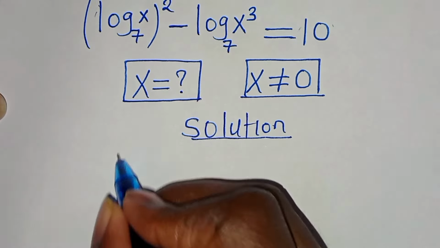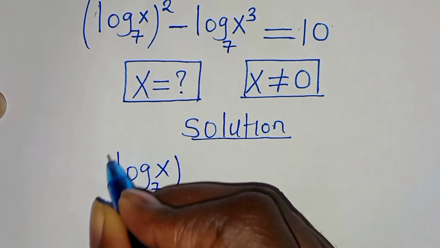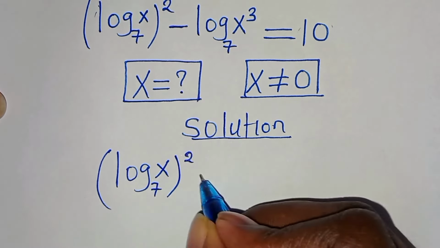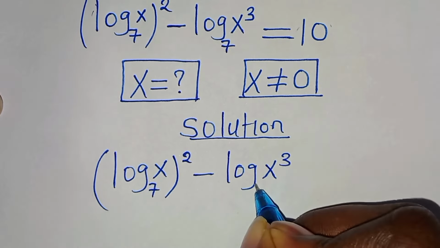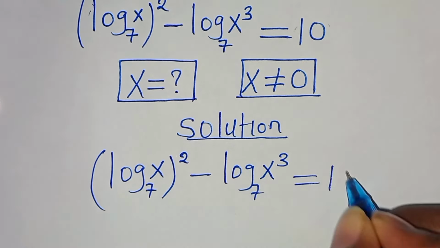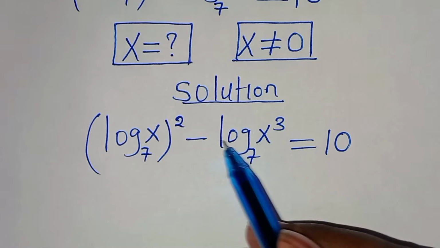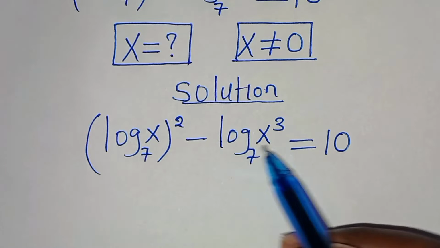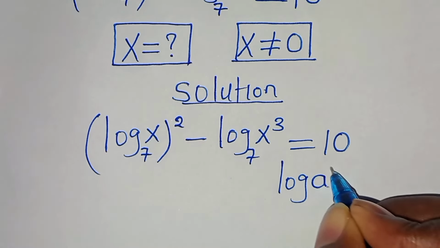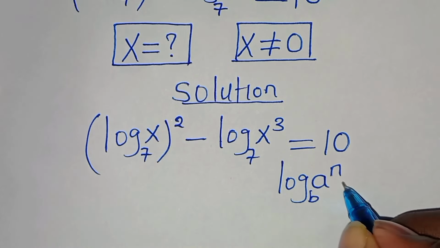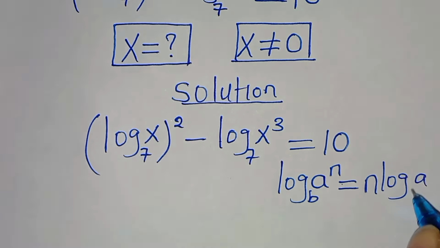So we have (log x to base 7) raised to the power of 2, then subtract log x to the power of 3 to base 7. This is equal to 10. Now you find that log x to the power of 3 to base 7 is in the form of log a to the power of n to base b, which can be expressed as n log a to base b.